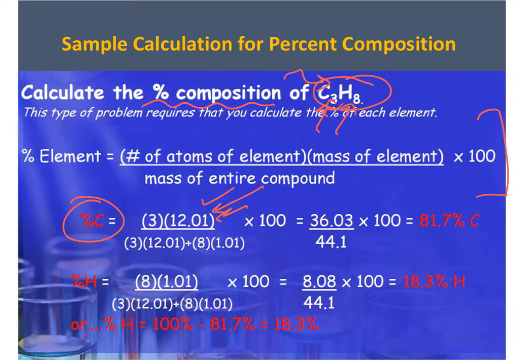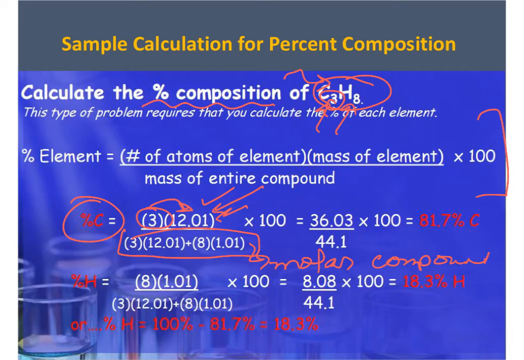So anyway, we have 3 carbons in propane, so we've got to multiply carbon's molar mass by 3. Then the denominator, if you remember, is the molar mass of the entire compound, okay? And then since it is a percent, multiply by 100 as you do all percents. So the percent by mass of carbon in propane is 81.7.